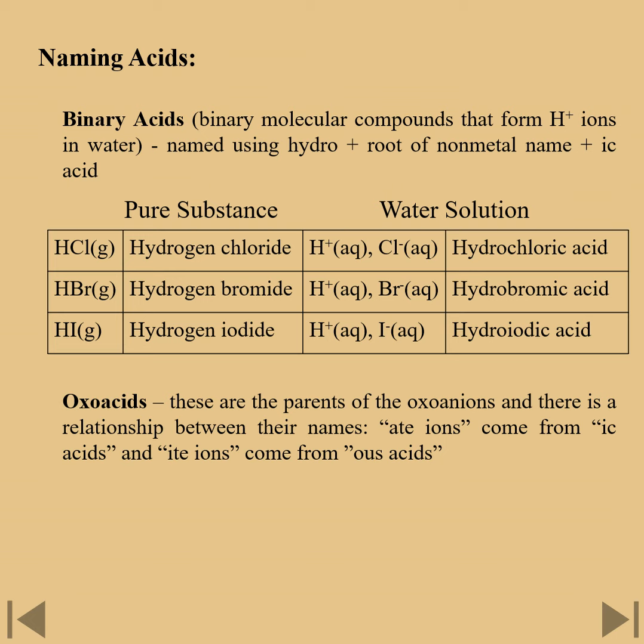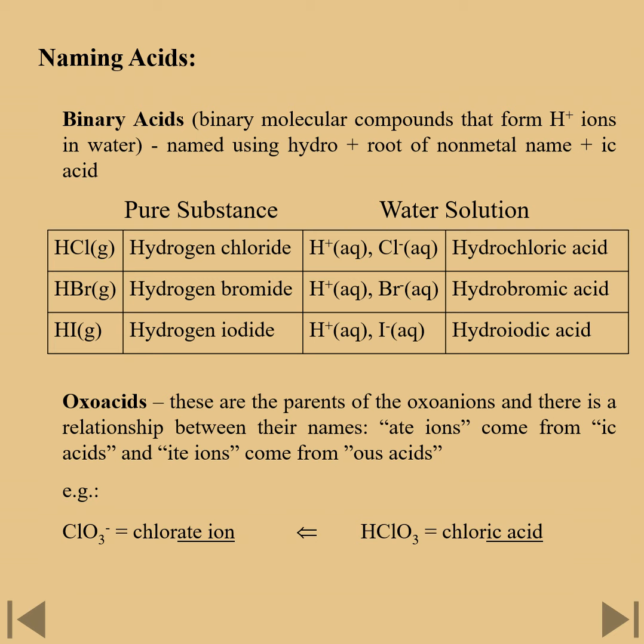Then we can use what we've already learned about ates and ites, those oxoanions. In this first example, ClO3 negative is chlorate. So the parent acid, and do note we have a hydrogen for each negative charge, is HClO3. Well, that's chloric acid. Ic acids form ate ions. Ate ions are formed from ic acids.